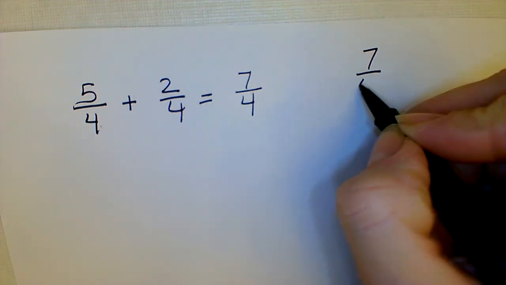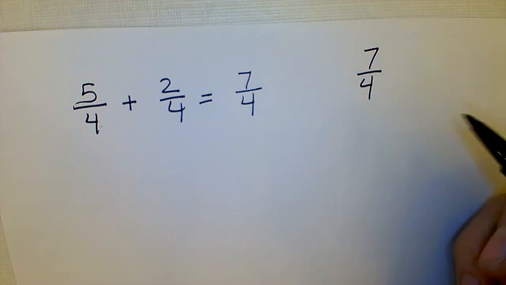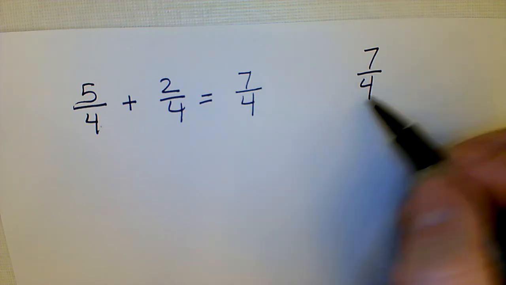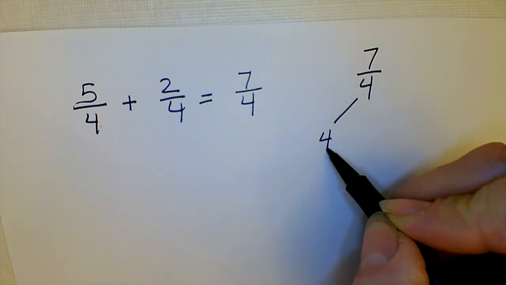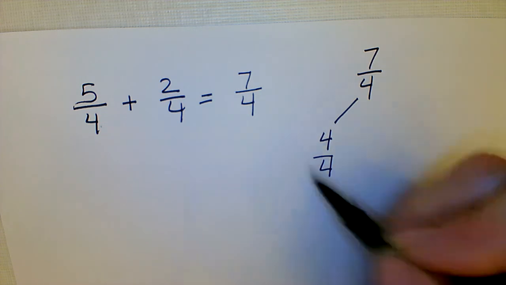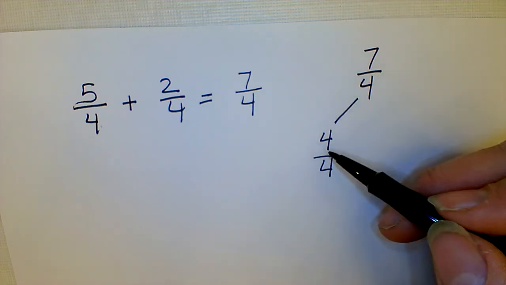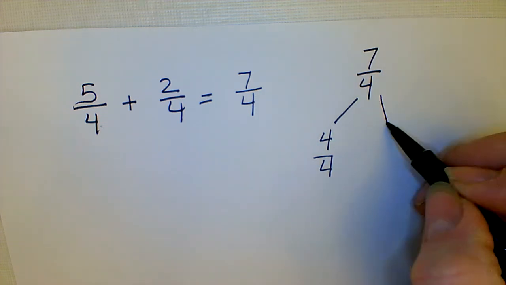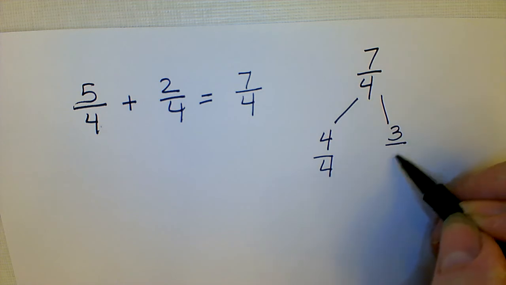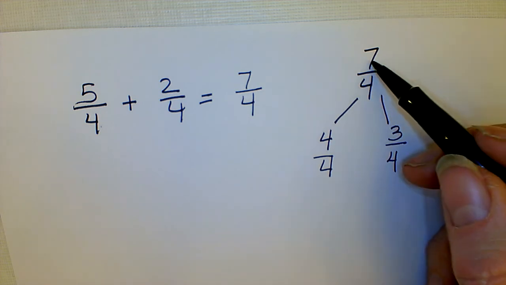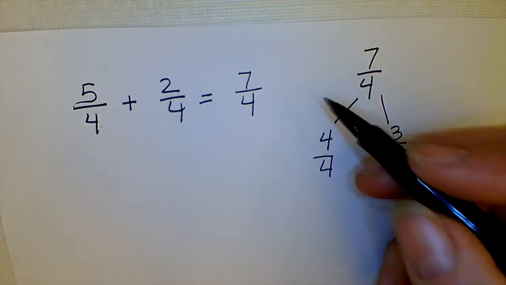So let's see what we can pull out of that. Now, since my denominator is 4, I know that 4/4 is going to be equal to 1. So let's pull 4/4 out of that. So 7 minus 4 is going to leave me with 3 of those sized pieces. So again, 7/4, so 7 of those pieces minus 4 leaves me with 3.